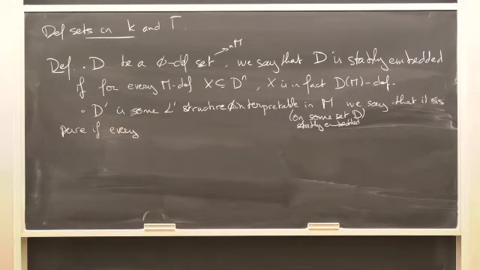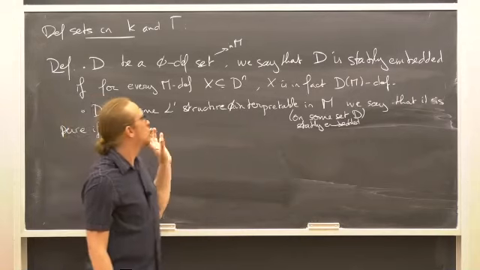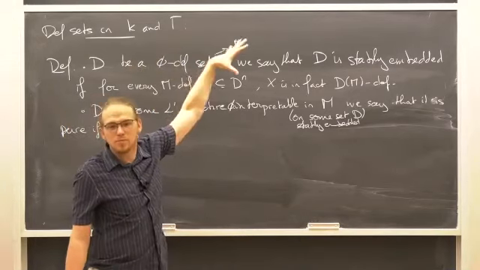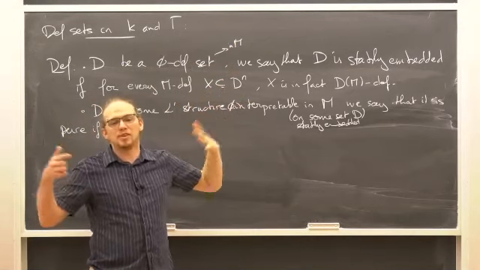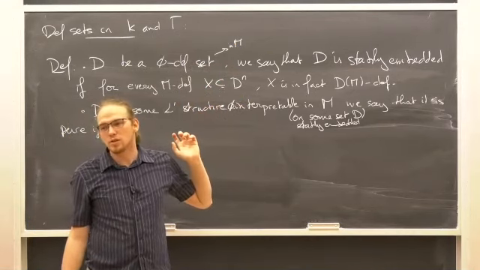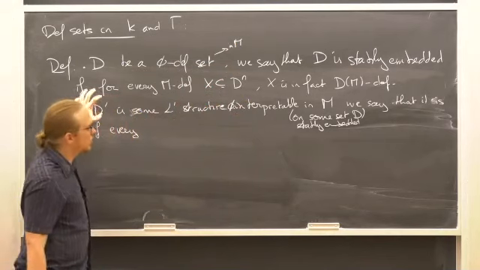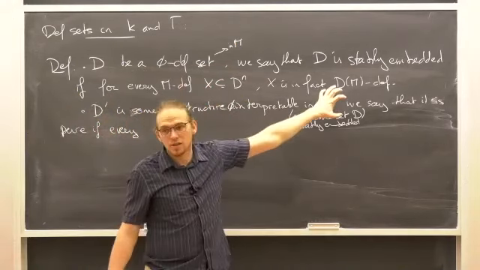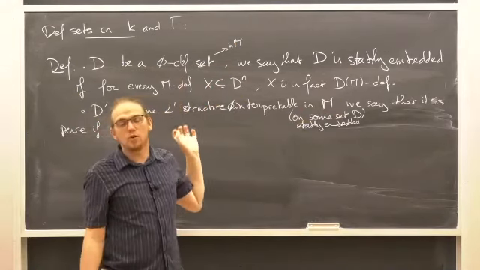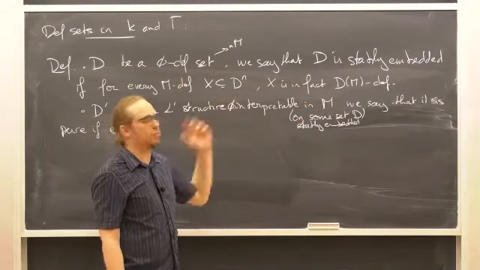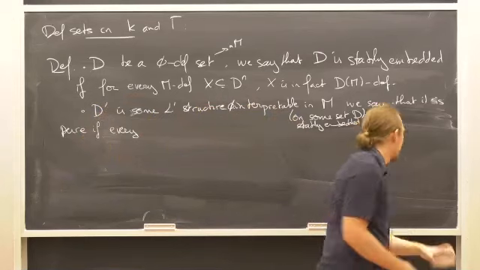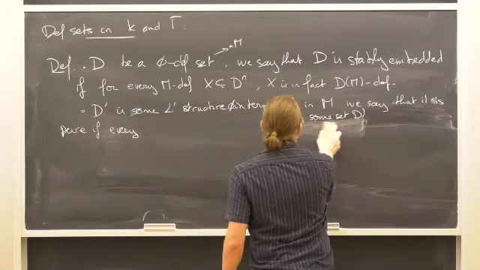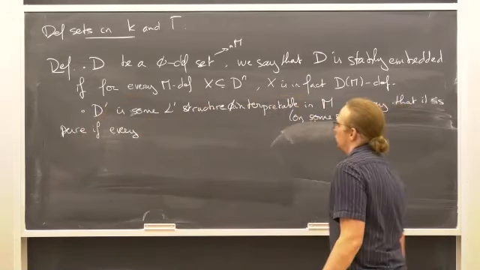So here we just say a set is stably embedded, but now I want to say a structure is stably embedded and explain what the structure is on it. I take a structure, I interpret it in M, and I say it's pure if all the structure on it is given by L prime. Actually, we don't need stably embedded for that.